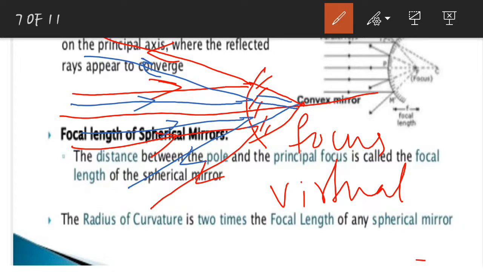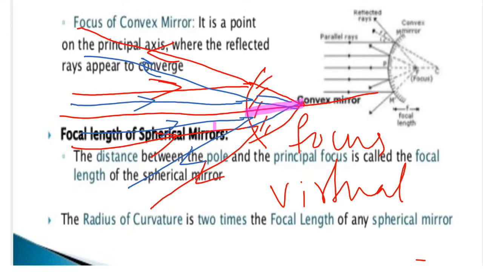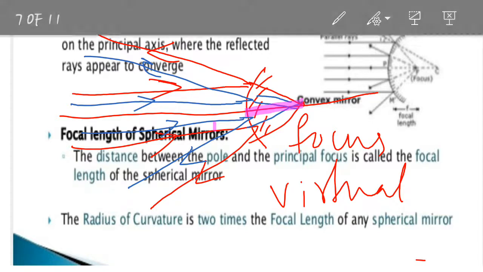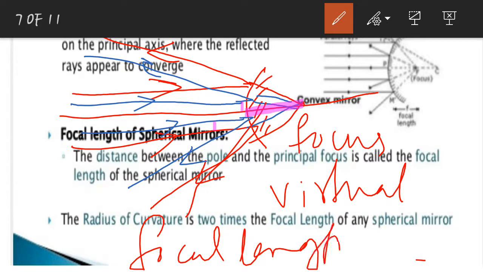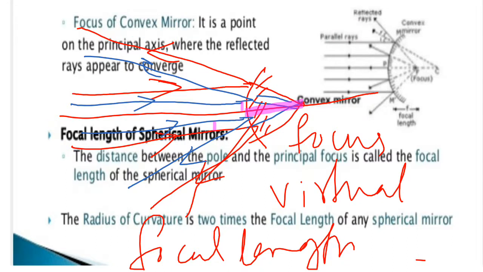The focal length for this also we have to measure in this manner, from the pole to the focus. This is called the focal length. Clear?